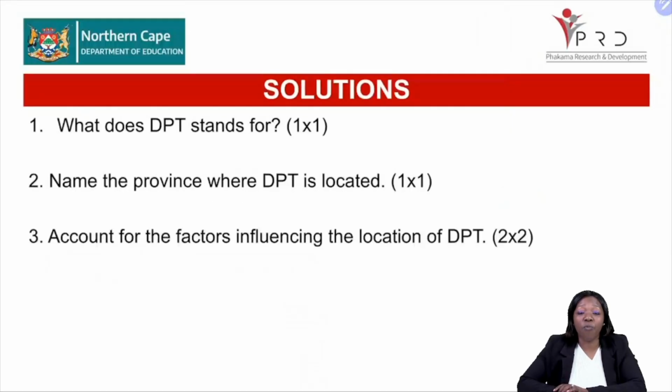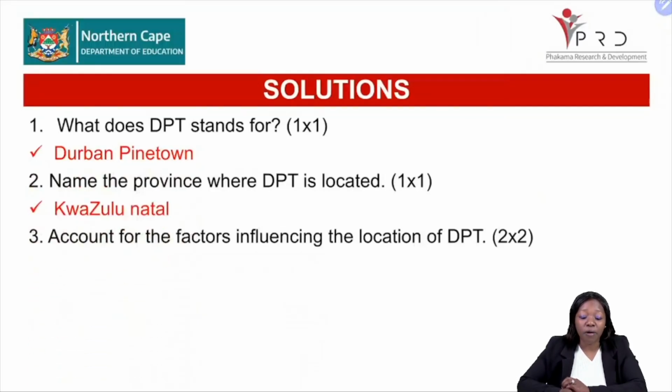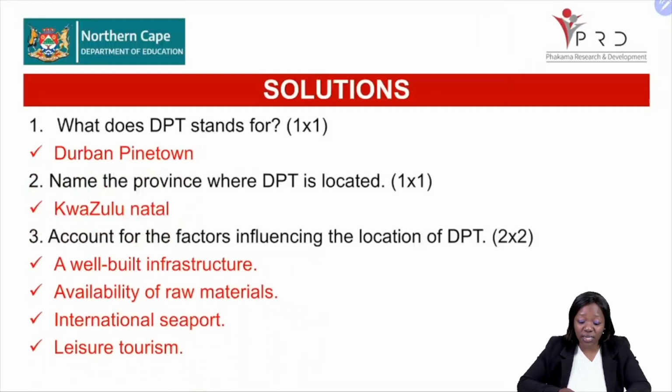Grade 12, I hope we are all done. So looking at our first question, you were supposed to tell what PDT stands for. It stands for Durban Pinetown. Then your second question, the province where Durban Pinetown is located, which is KwaZulu-Natal. Then number 3, you account for the factors influencing the location of Durban Pinetown.